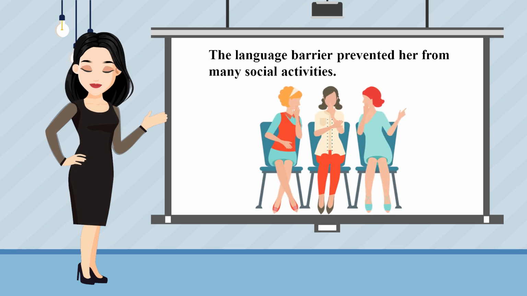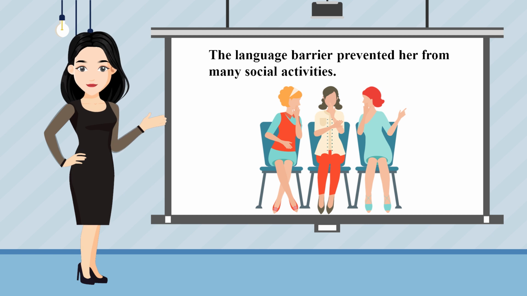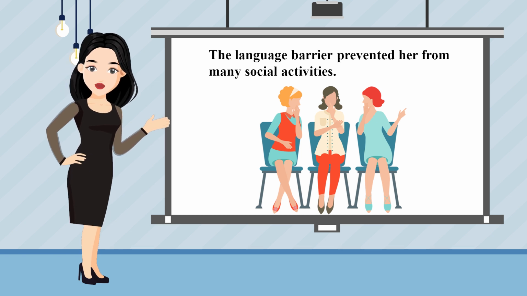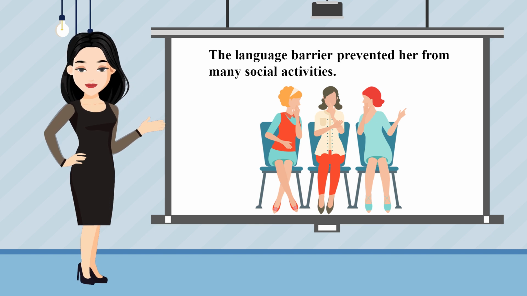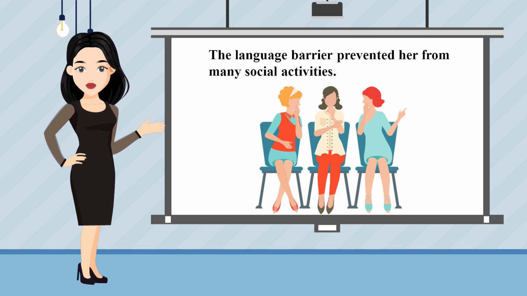They used a lot of slang and inside jokes and talked so fast that she couldn't keep up unless they were intentionally speaking to her with slower pace and easier words or phrases. The language barrier prevented her from many social activities.